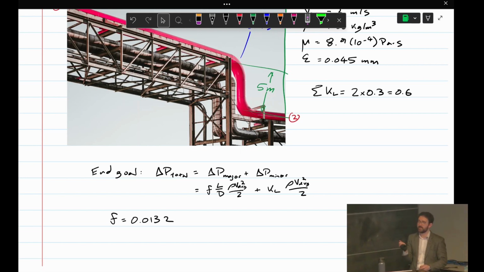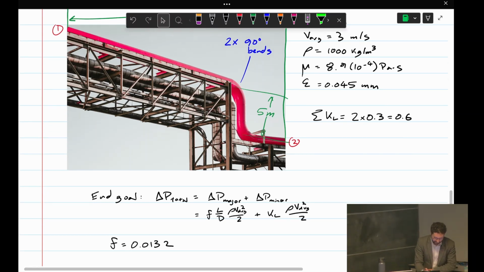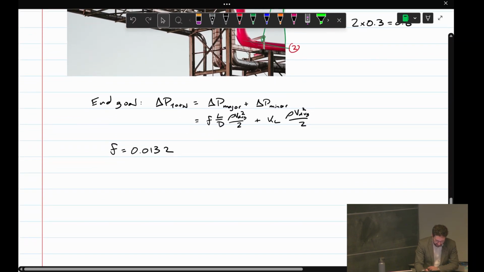The friction factor doesn't depend on the length of the pipe. The friction factor will change when we change our diameter, so our diameter influences our Reynolds number, it influences the flow rate, everything. Since the diameter is the same between points 1 and 2, we have the same friction factor. We don't have to break this up into additional smaller segments.